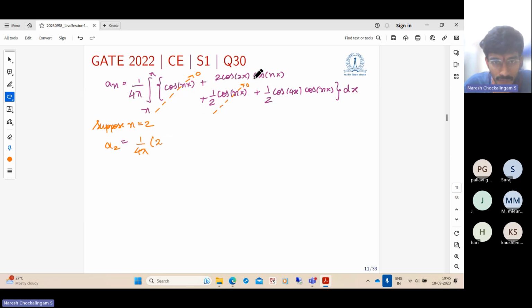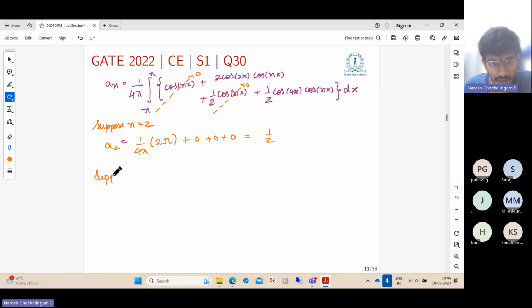So again, there's a 2 multiplied by pi, plus you have this. In this case, n equal to 2, this term cannot contribute because you have cos 4x cos 2x, and m is not equal to n. So this term vanishes in the case n equal to 2. So I have plus 0 plus 0 plus 0, all the other terms are zeros. So a2 is equal to 1 by 2.